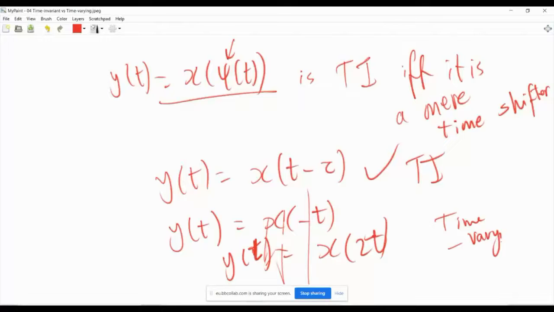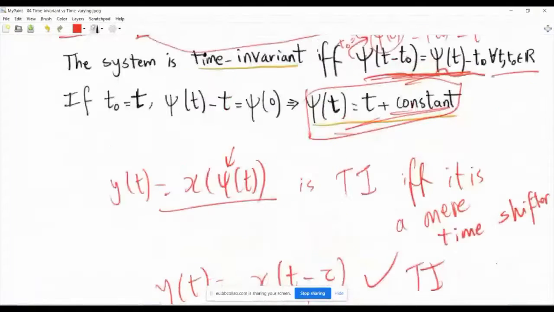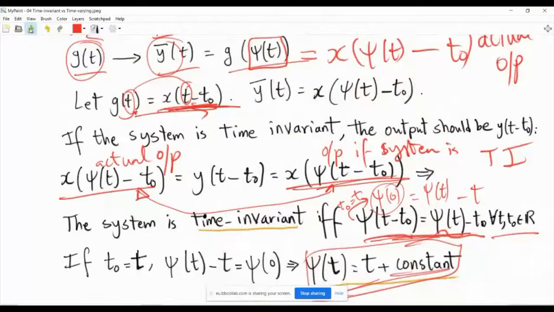So according to our derivation here, you feed the system with x of t, you get an output y of t, and you know the output based on the description of the system. Give it another input g of t, get the output. Set g of t to be a shifted version of x, because this is what is relevant to time invariance.